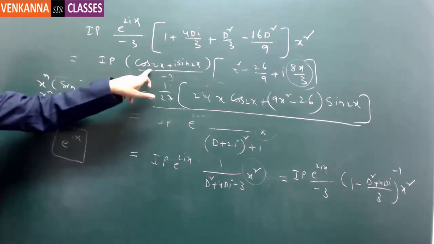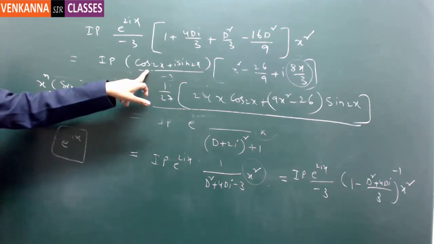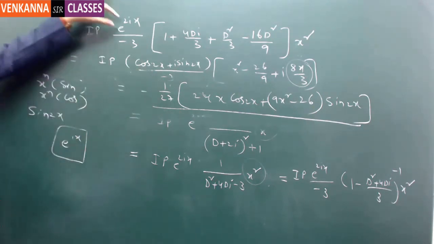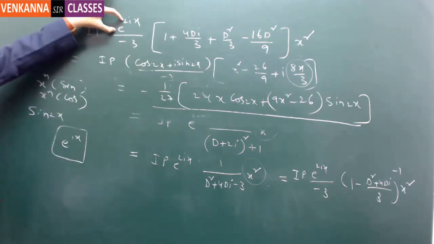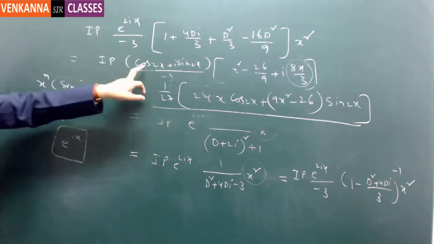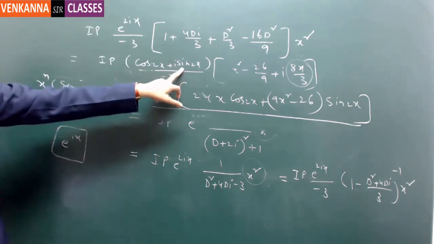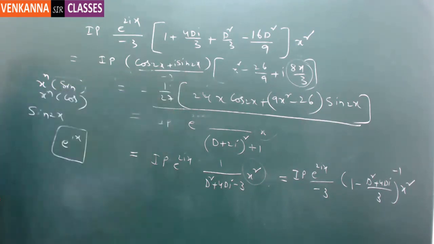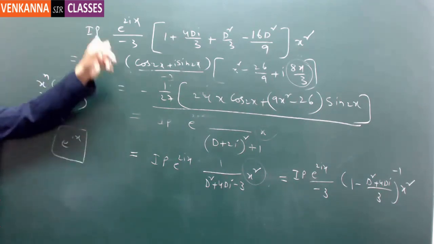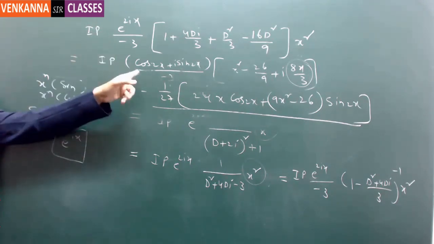So here you are asking how cos 2x comes. See, this is e power 2ix, which is nothing but cos 2x plus i sin 2x. I have written the value as it is, because previously we have the imaginary part and we are considering only the terms containing i.